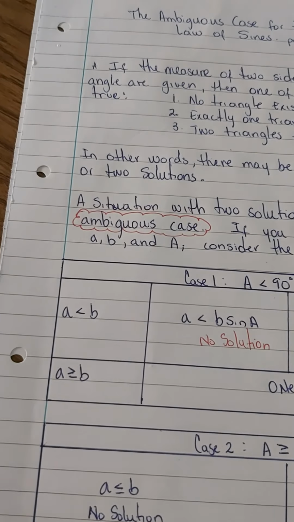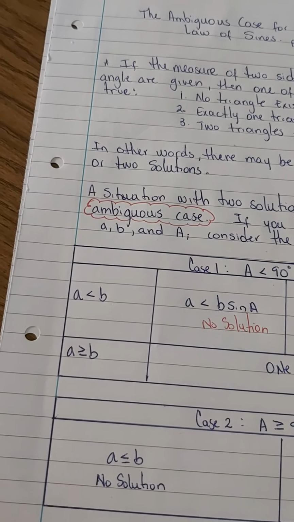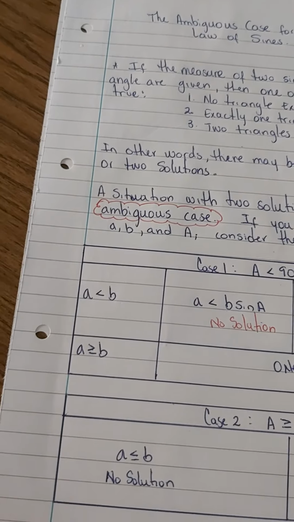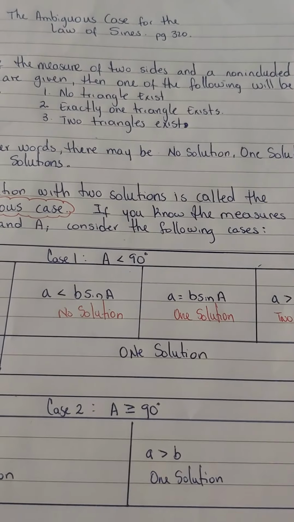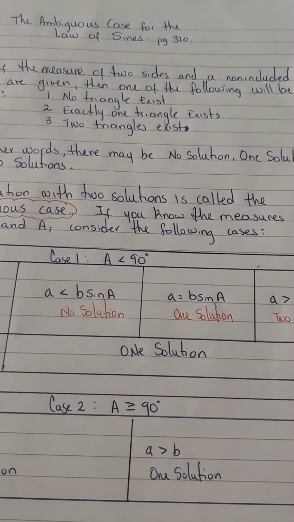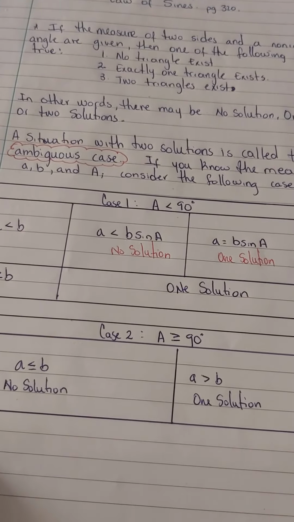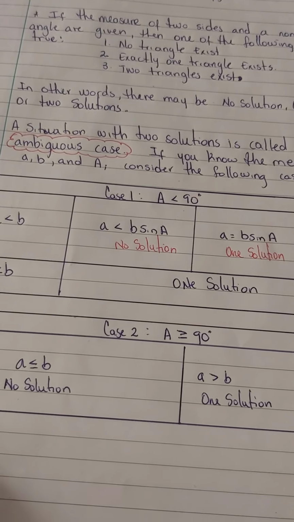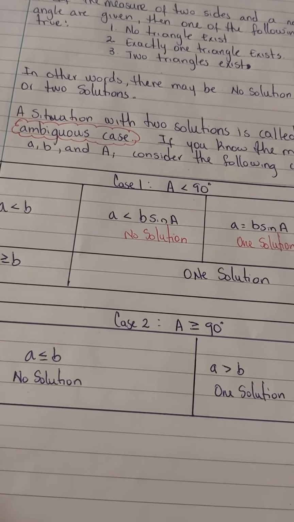Now, what would happen if side A is greater than or equal to side B? If this is true, then in this case, we're only talking about one triangle. That means it will have only one solution. Now, the second case will be if the angle is greater than or equal to 90.